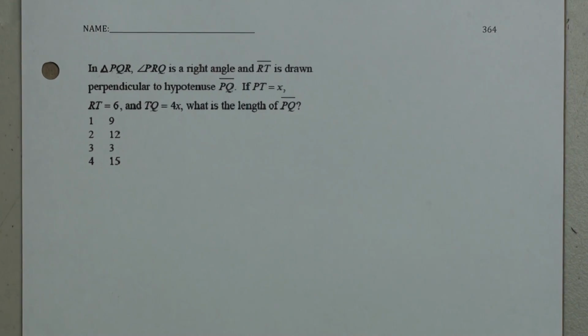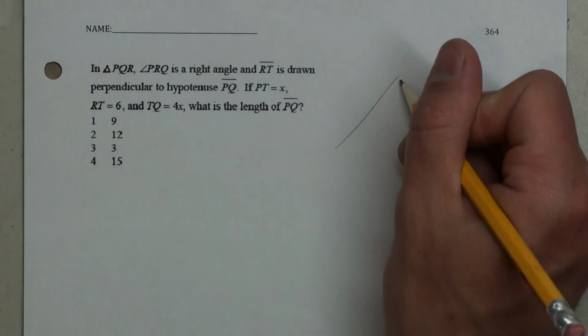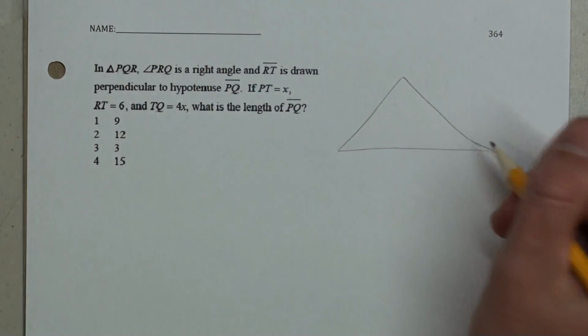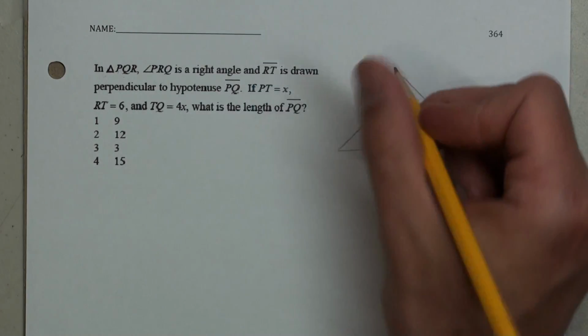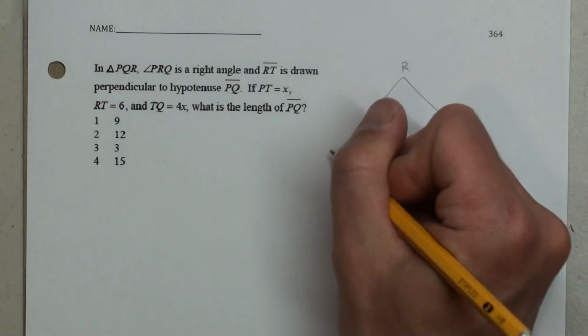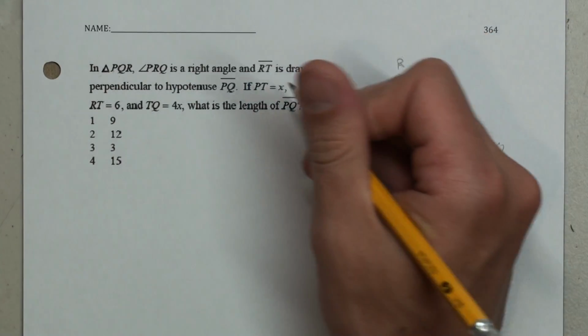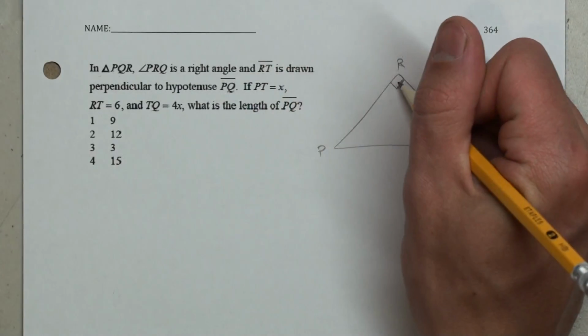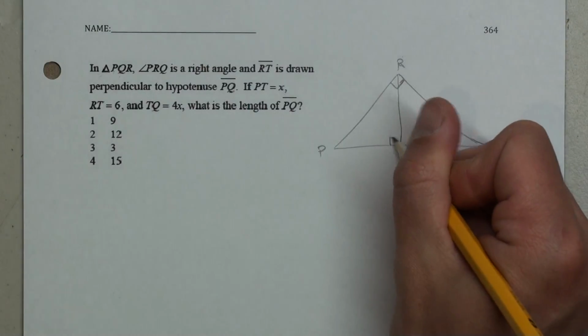So, triangle PQR. PRQ, where this is a right angle, and RT is drawn perpendicular to the hypotenuse.